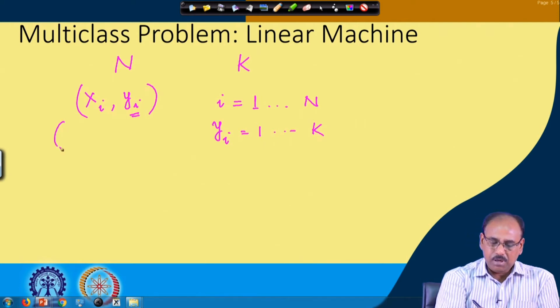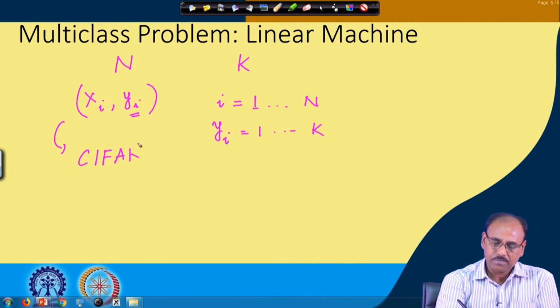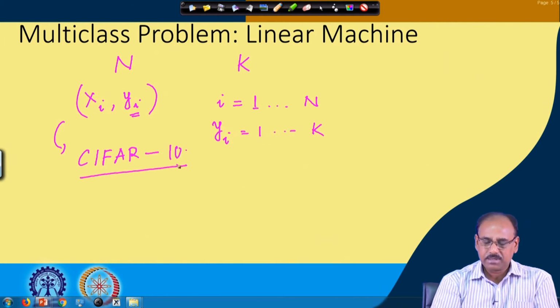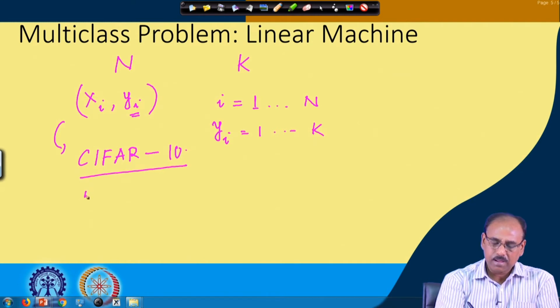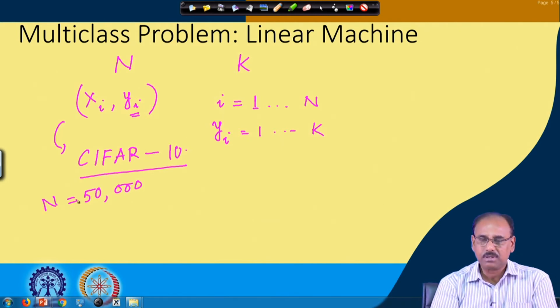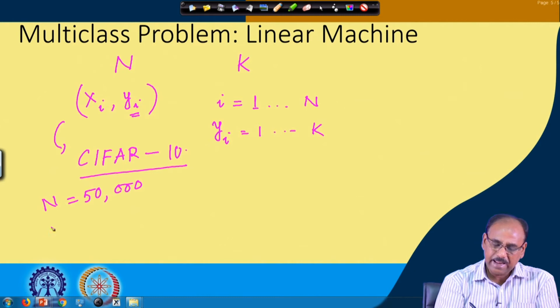So, for example, there is a public database called CIFAR 10. This CIFAR 10 database contains 50,000 images. So, n is equal to 50,000 and there are 10 categories.